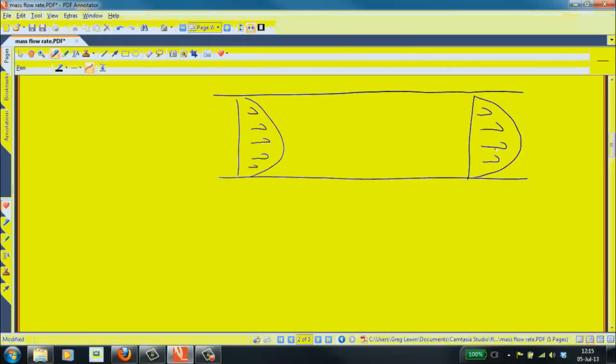And we're told that at section 1, the pressure is 100 psi absolute, and the temperature is 540 Rankine. Nice of them to convert to Rankine for us. And at section 2, at the outlet, or somewhere downstream in this pipe, the pressure has decreased substantially to 18.4 psi absolute.